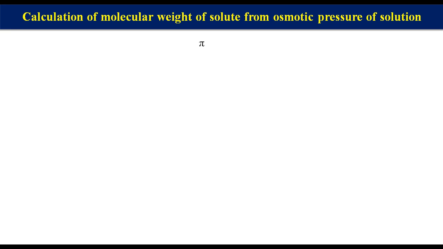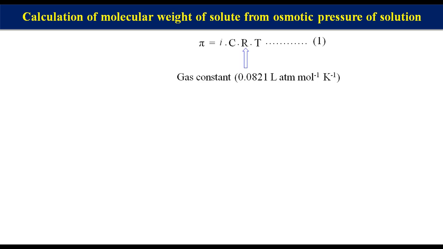Pi is equal to i into C into R into T, where pi is osmotic pressure of solution in atmosphere, i is van't Hoff factor, C is molarity of solution, R is gas constant, which is equal to 0.0821 liter atmosphere mole inverse Kelvin inverse.